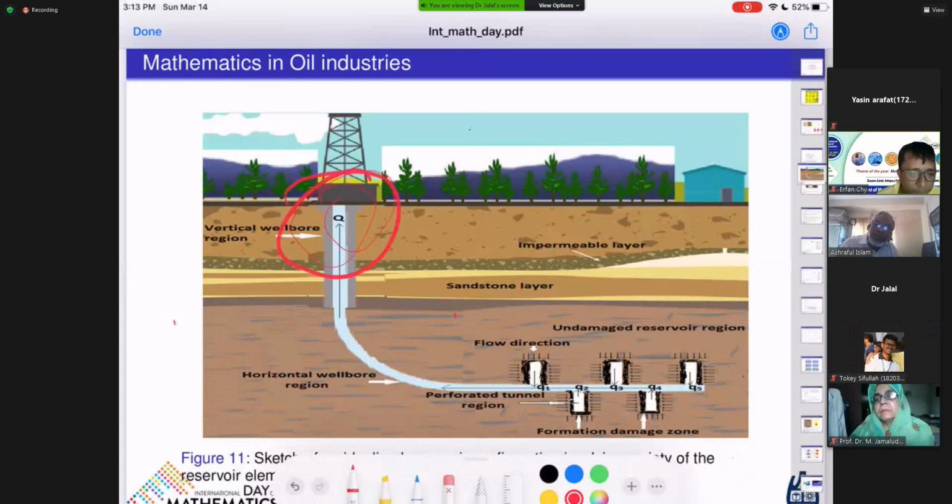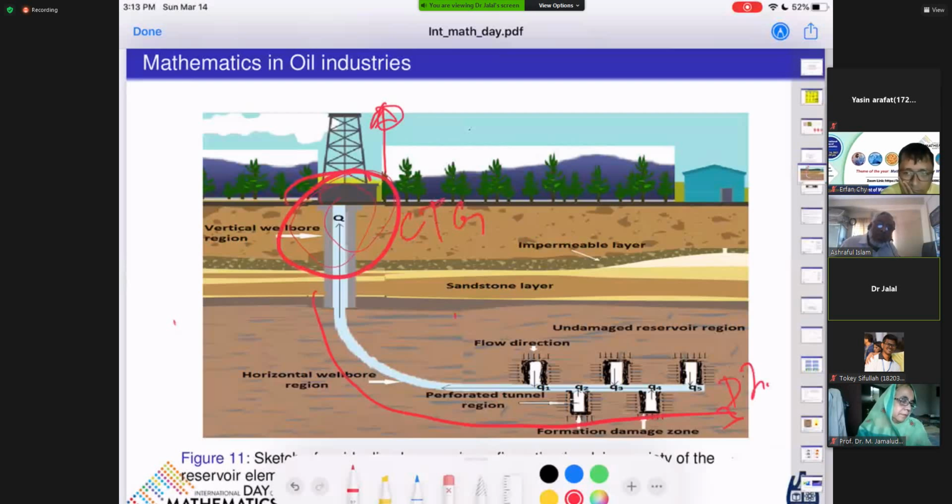Nice. Okay. So now this is extracting the oil. We can extract the oil from this point. Now, this length could be a couple of kilometers. That means if this is Chittagong, this point could be Dhaka.